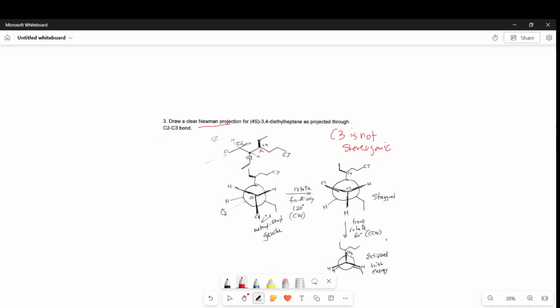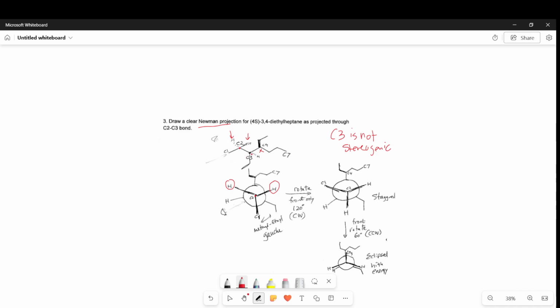So the Newman projection, if you just consider C2 right there, has 2 hydrogens, this hydrogen and that hydrogen, and C1 is this. So looking from this side, you can see this C2 carbon, and you have the front one, 2 hydrogens.